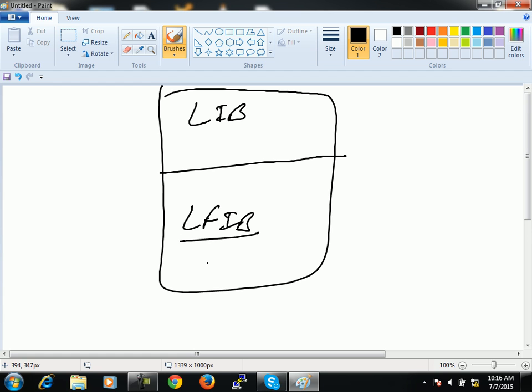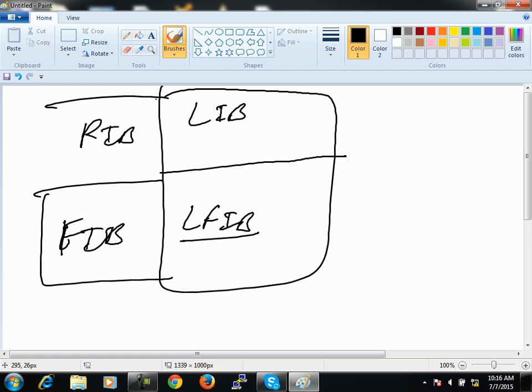LFIB is label forwarding information base, and LFIB is same as FIB, and it will be inside data plane, whereas LIB is same as RIB, and RIB is also part of control plane. So RIB, LIB, FIB, LFIB. You understand?